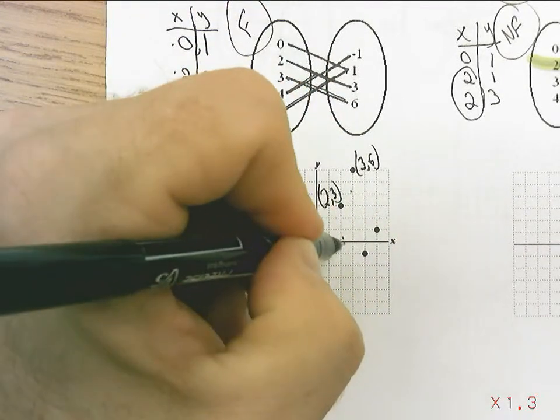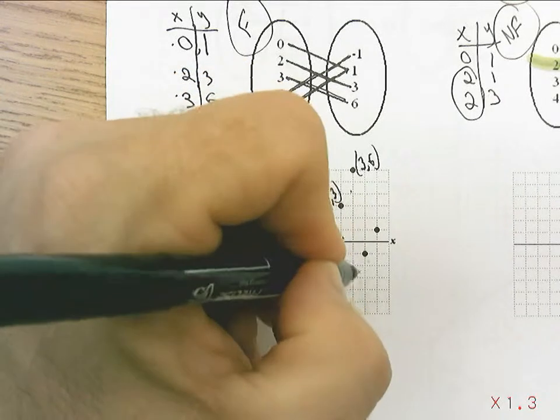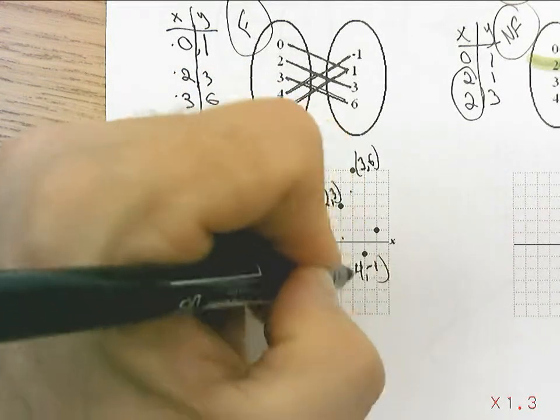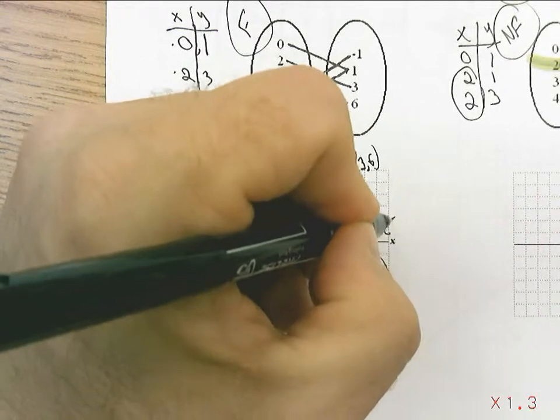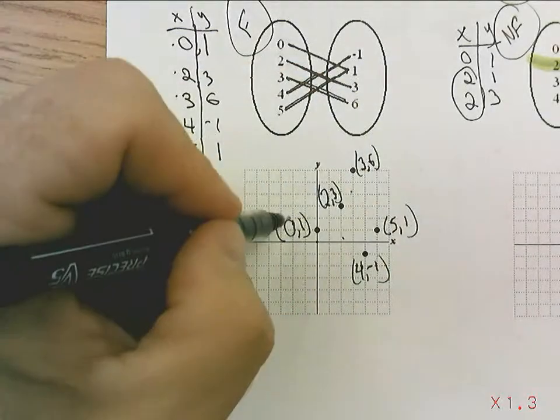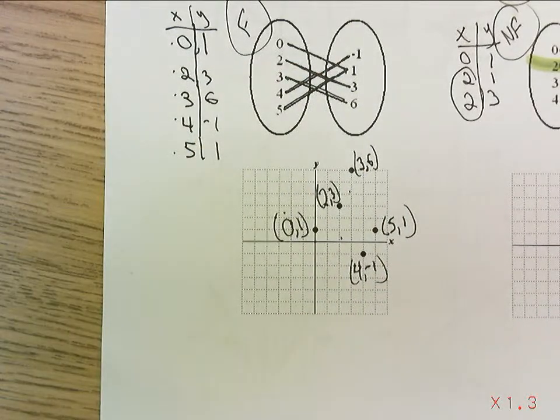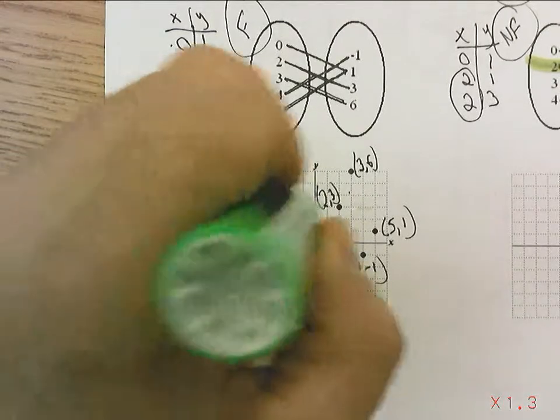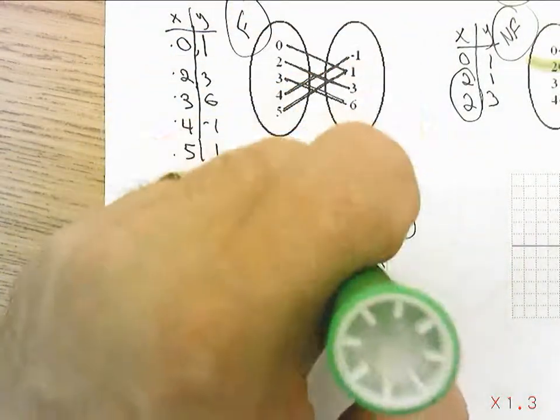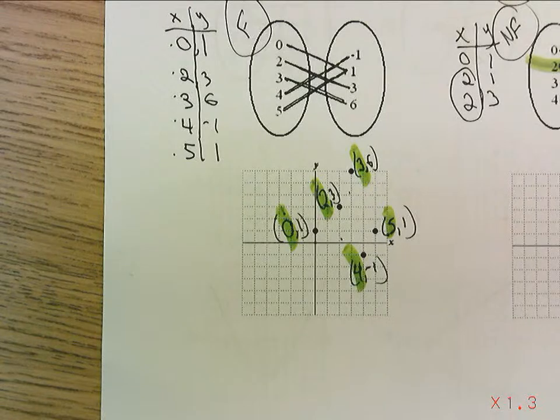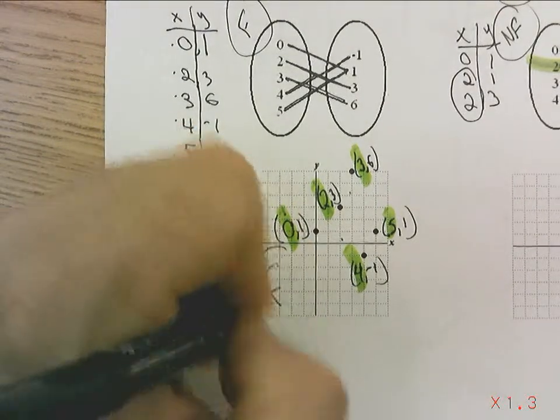This ordered pair is 4 and -1. And this ordered pair is 5 and 1. If you look at all the x's, highlight each one. 0, 2, 3, 5, and 4. They're all different, or they're all unique. So that makes it a function.